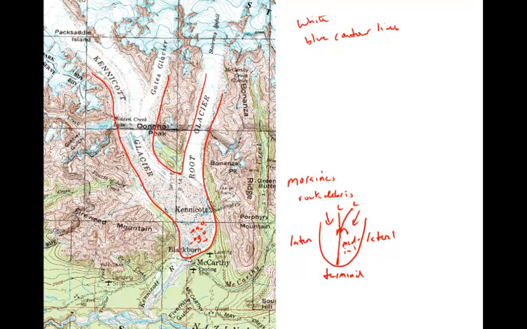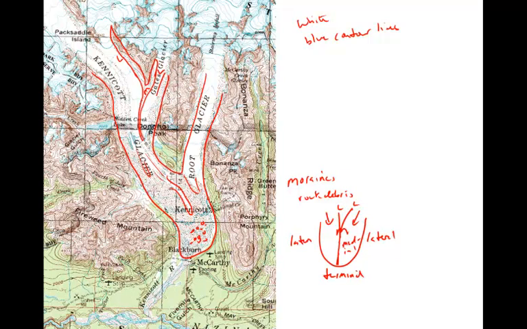So we see the lower portion of the glacier is almost completely covered by rock debris, by moraine material. But we also notice farther up we have several prominent lateral and medial moraines being shown. Lateral, lateral, turning into one medial moraine where the Gates Glacier joins the Kennecott Glacier.